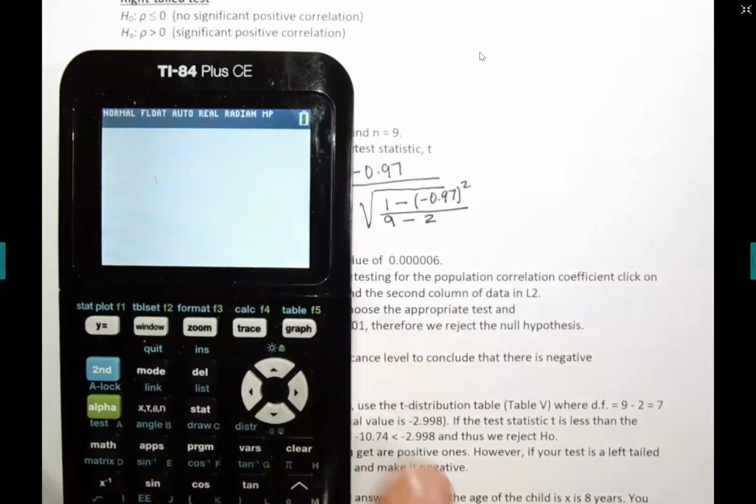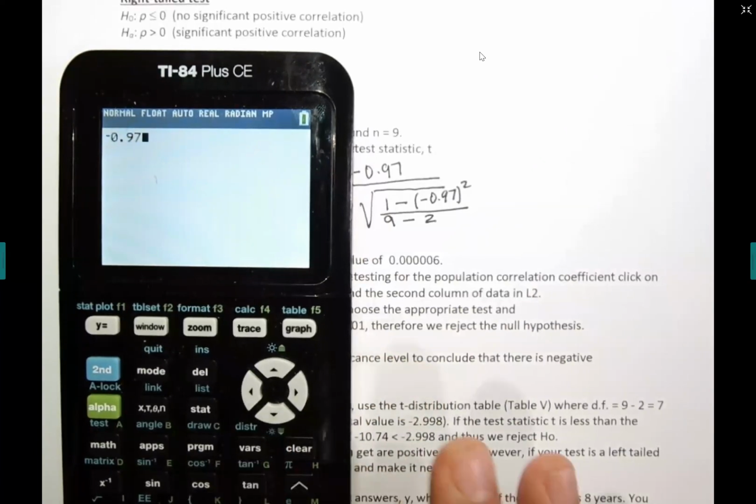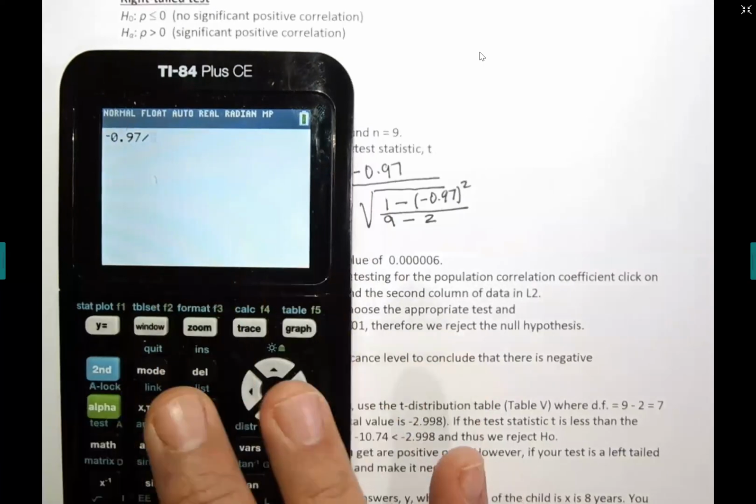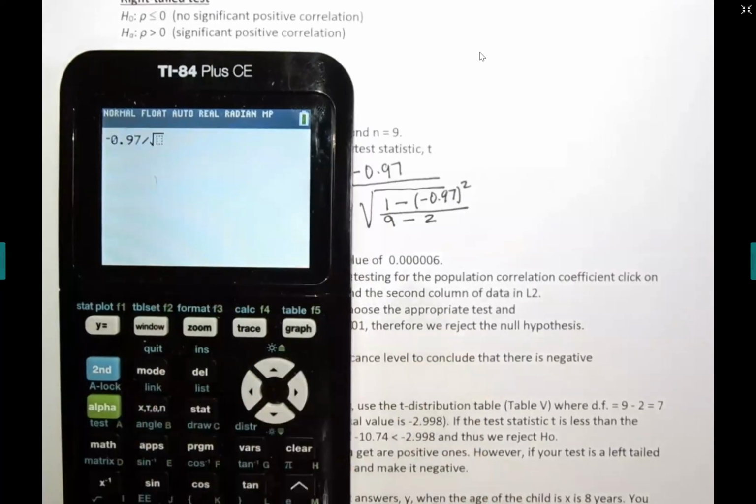Okay. Put negative 0.97 divided by, now I have to open square root. Second and square root. 1 minus. You know the negative 0.97 is squared, so when you square, the negative will become positive.